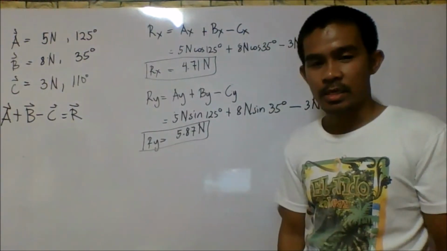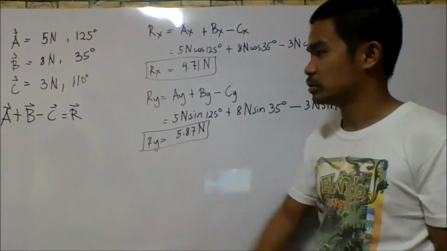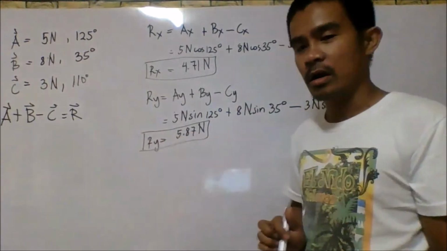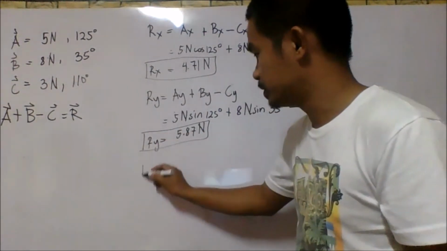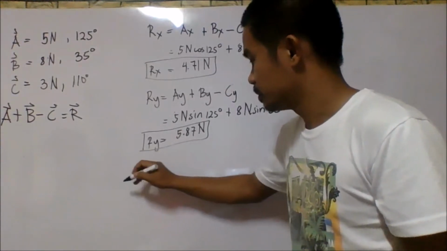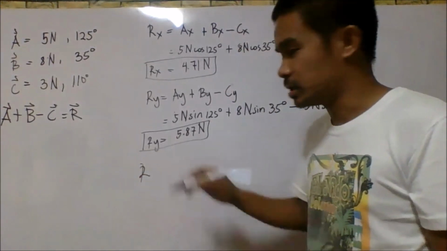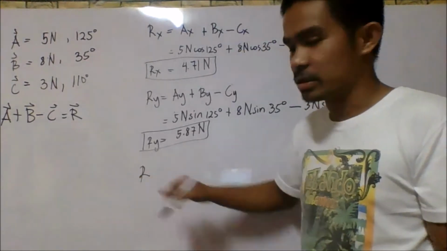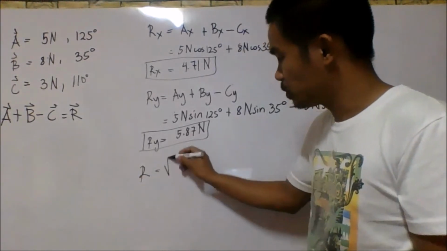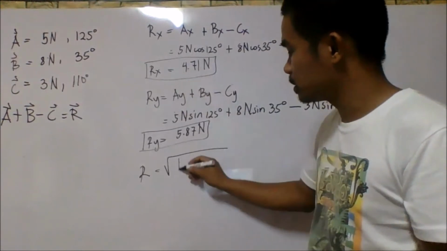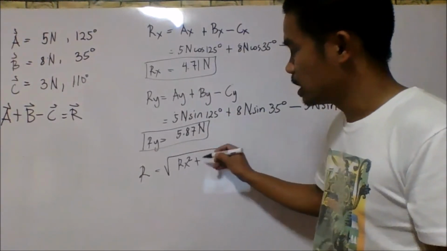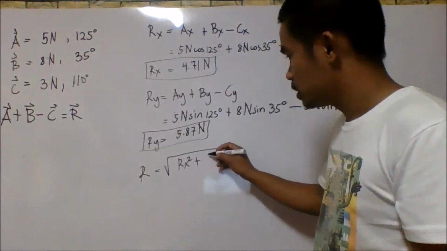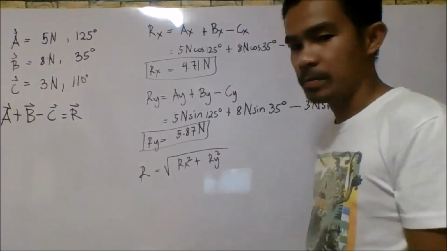So next is to determine the magnitude of vector R. The magnitude of vector R, which is R with no arrow above this letter R, equals the square root of the x component, R of x squared, plus the square of the y component.